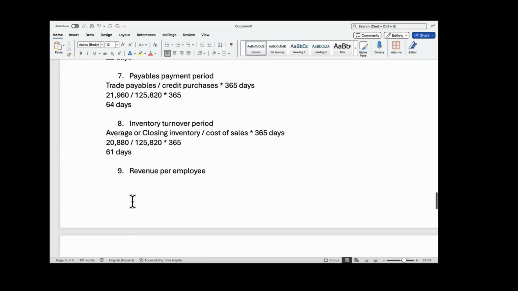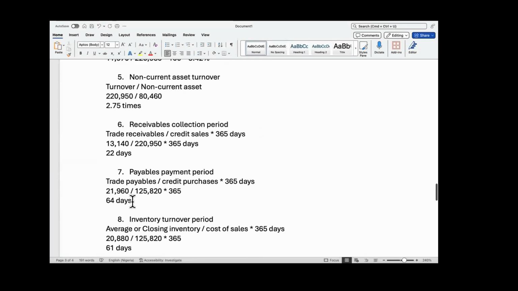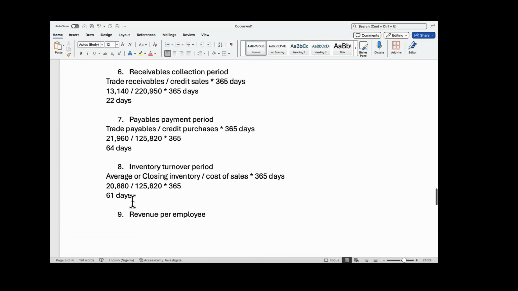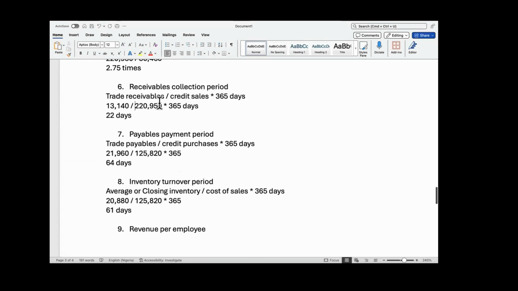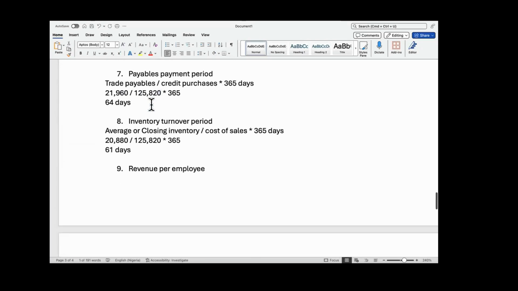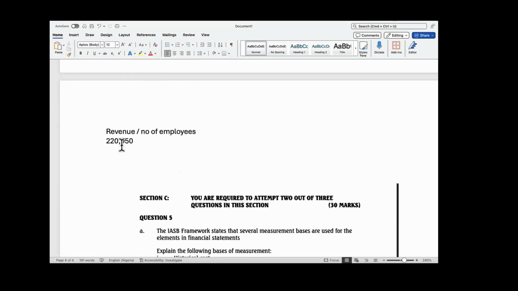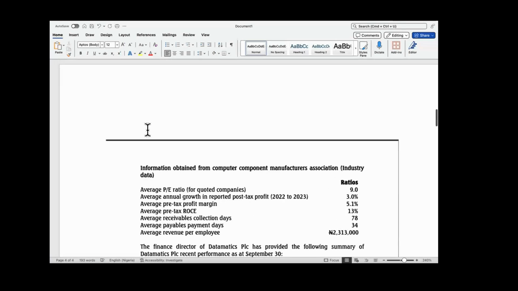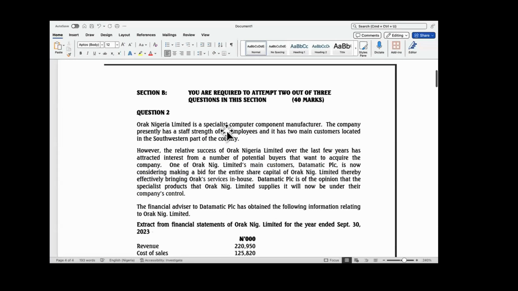So I have my revenue. What's our revenue? 229.50. He gave us the number of employees in the question. They told us we have 54 employees.